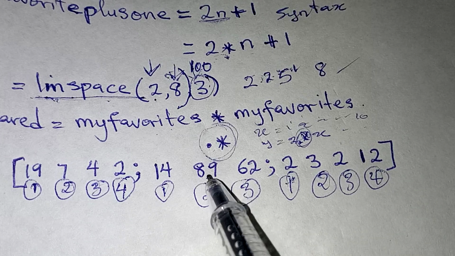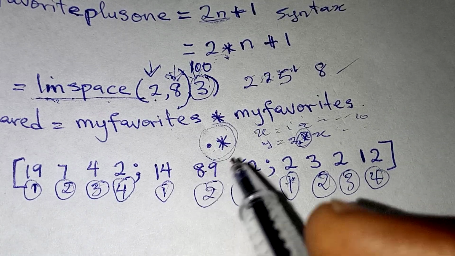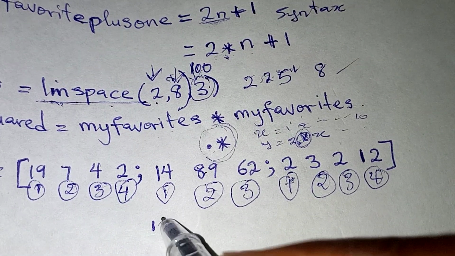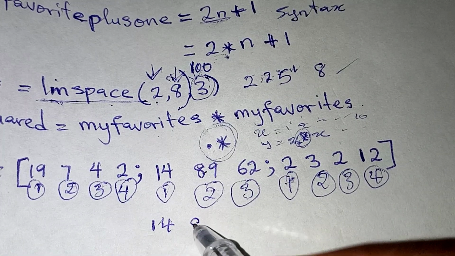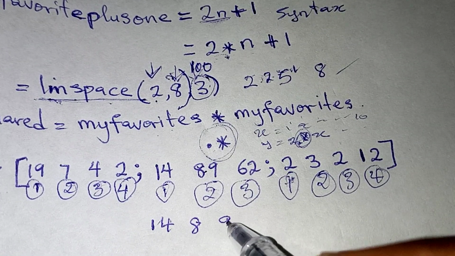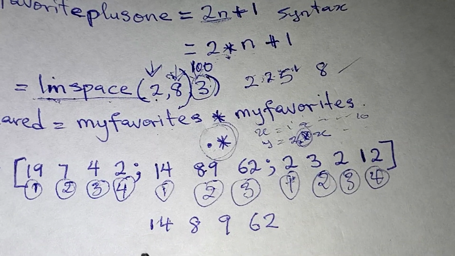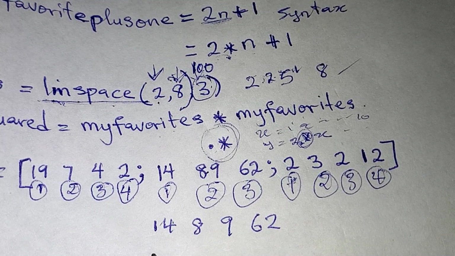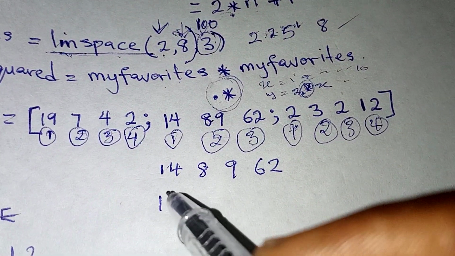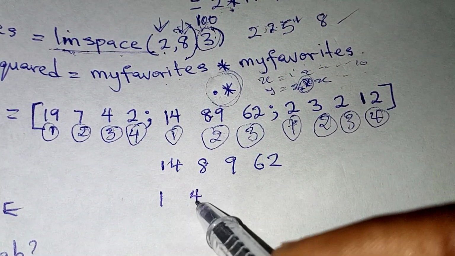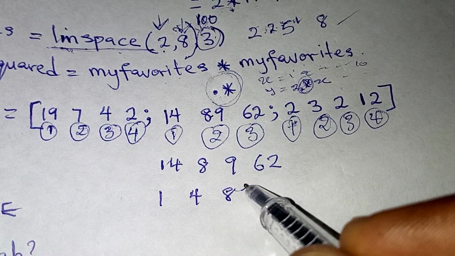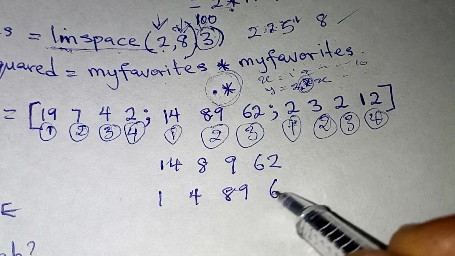So what you are supposed to do is to space this. You can decide to say this is 14, then you have 8, you have 9, then 62. Anyhow you decide to space, you can call it 1, space it 4, then 89, then your 62.